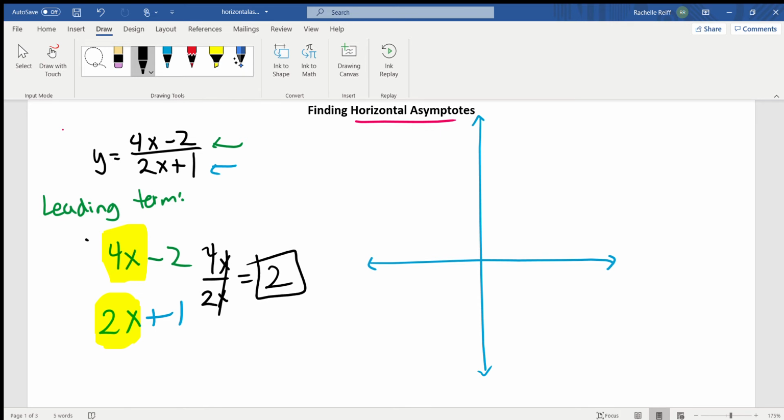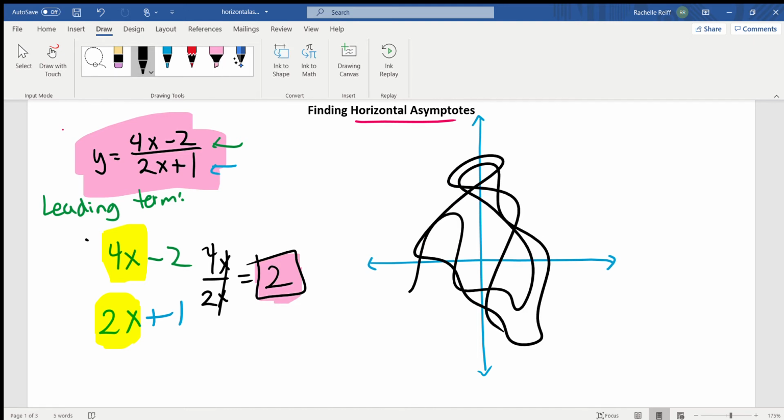Okay, so what does this mean? If that is our leading term, that means eventually the graph of this thing will look like the graph of this thing. So maybe in the middle it looks like blah blah blah, it won't be that, of course.